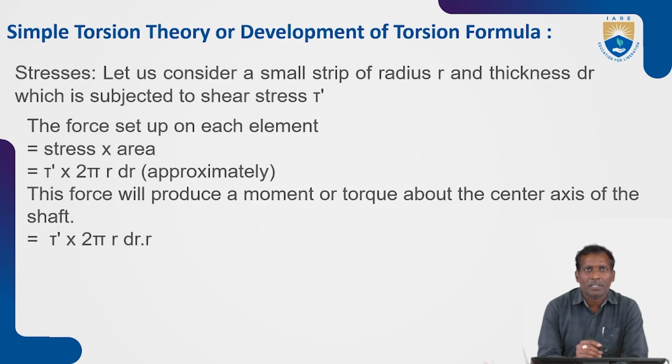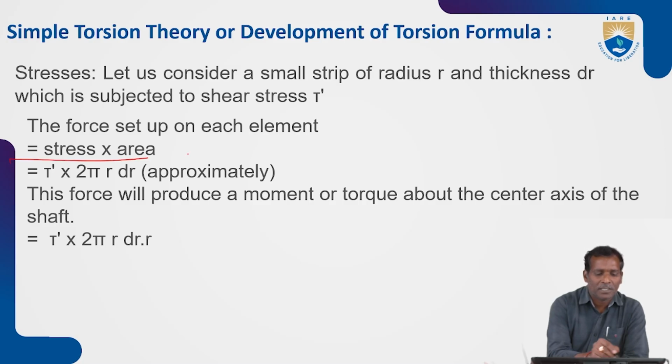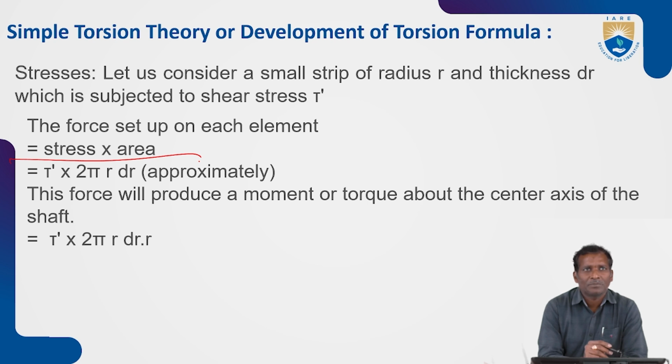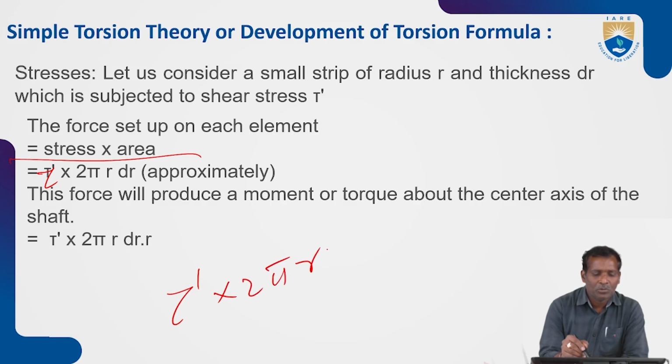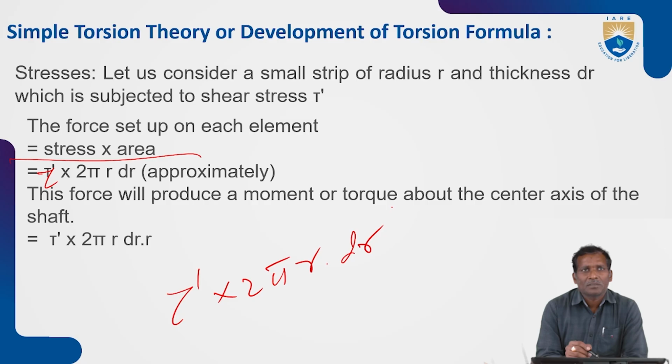Now calculate the force set up on each element, that is, stress multiplied by area. So that is shear stress tau dash multiplied by 2 pi R into dr, the elemental area of the strip.